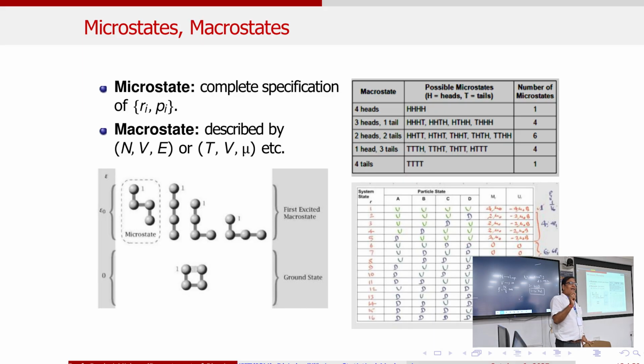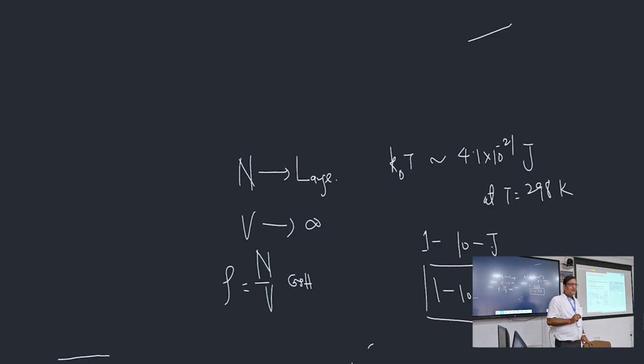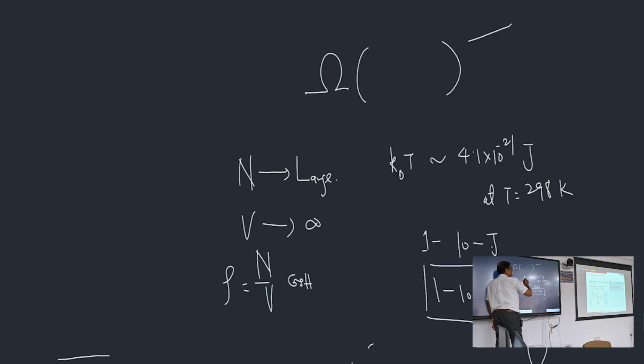The number of microstates corresponding to a macrostate is called the weight of a macrostate. We represent that by a symbol called omega. This omega, the number of microstates accessible to a system, depends upon various parameters.